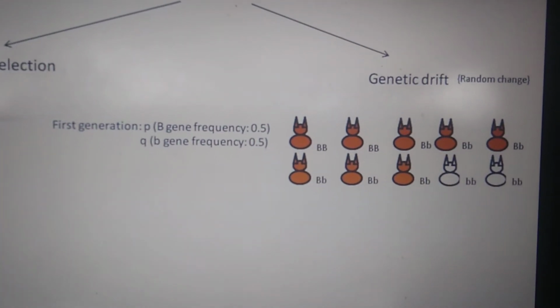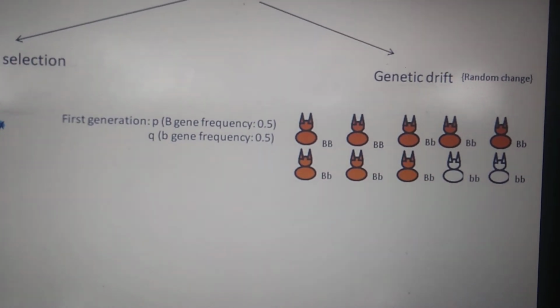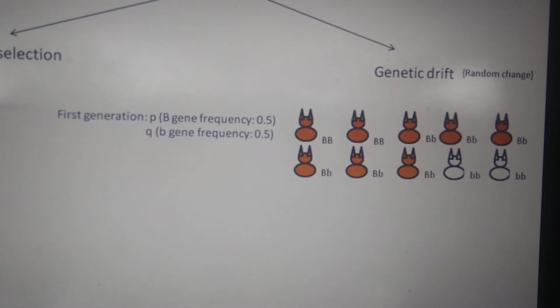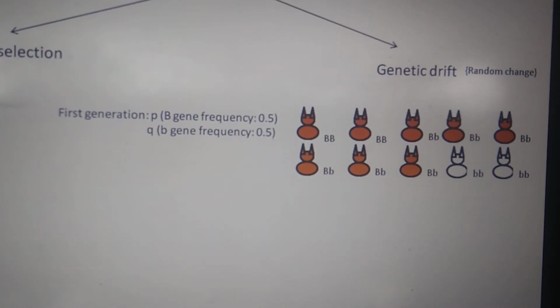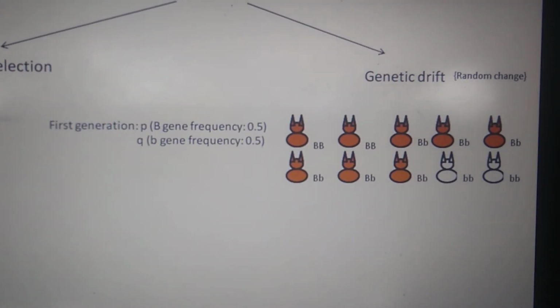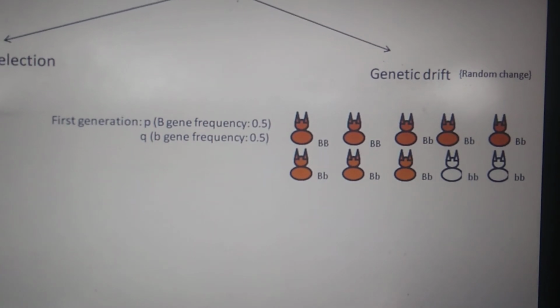So the genotypic ratio is 2:6:2, while the phenotypic ratio is 8:2. And the gene frequency of the dominant allele is 0.5 and the recessive allele is also 0.5.